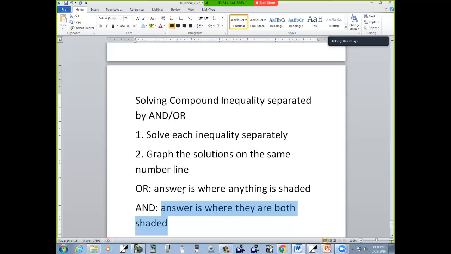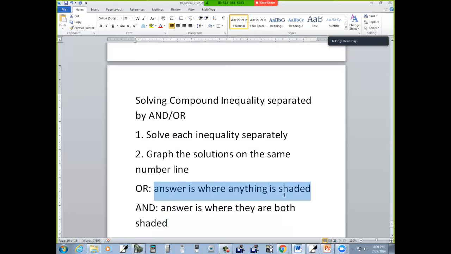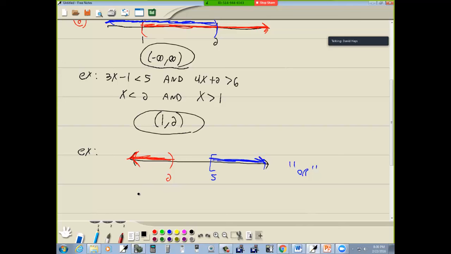The OR says the answer is where anything is shaded. So this would be our answer. It's going to the left, so it's going to negative infinity. Infinities always have parentheses. Parentheses on the 2. This one is going off to positive infinity, so this will be 5, comma, positive infinity. Infinities always have parentheses. Bracket on the 5. Now, if you got two different parts to your answer, how you connect them is with this symbol right here. This symbol is the union symbol.